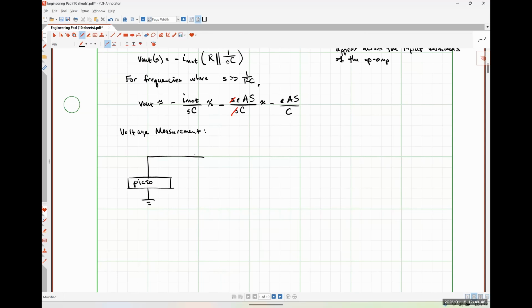And now I'm going to have a parallel RC network. So let's call this C sub L. And this guy right here will be R. And then our signal here is going to be going into a single-ended amplifier, so some sort of voltage amplifier. And here is our output voltage.